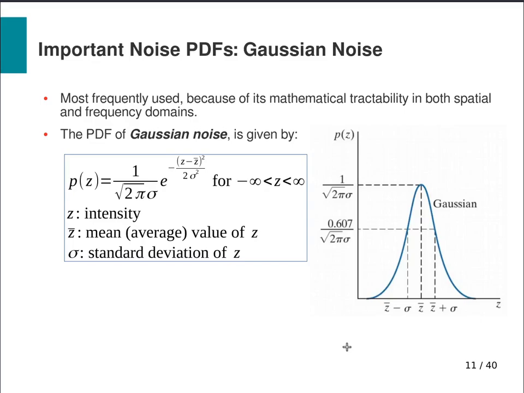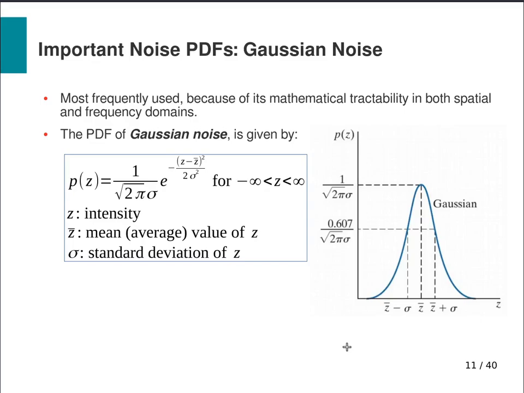The first one is the Gaussian noise, which is the most frequently used noise PDF because of its mathematical tractability in both the spatial and frequency domain. If you remember from before, we said that a Gaussian function in the spatial domain is equivalent to a Gaussian function in the frequency domain too.